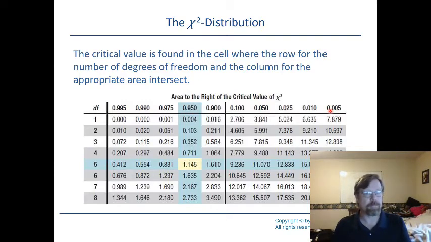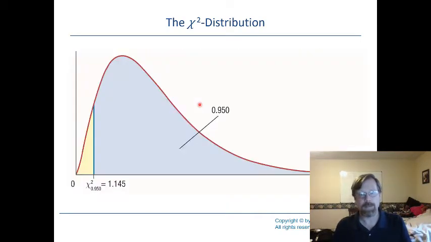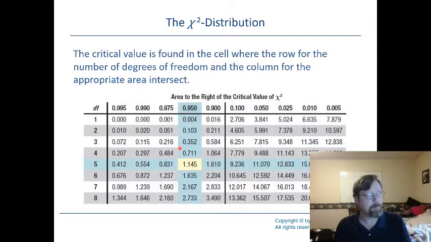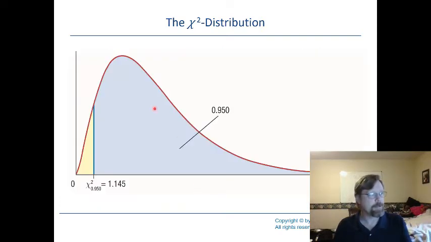So this is the value that is to the right of the critical value, just like it is for the normal distribution. It's giving you this area, so that entire column is the 0.95 area, and the critical value of chi-squared is going to vary depending on degrees of freedom.